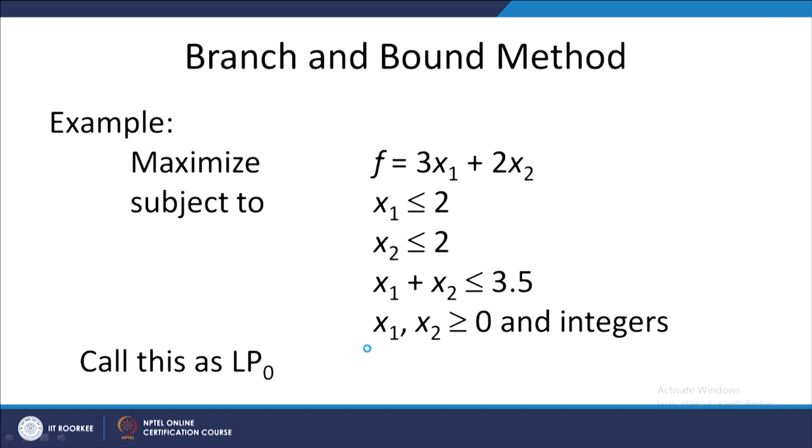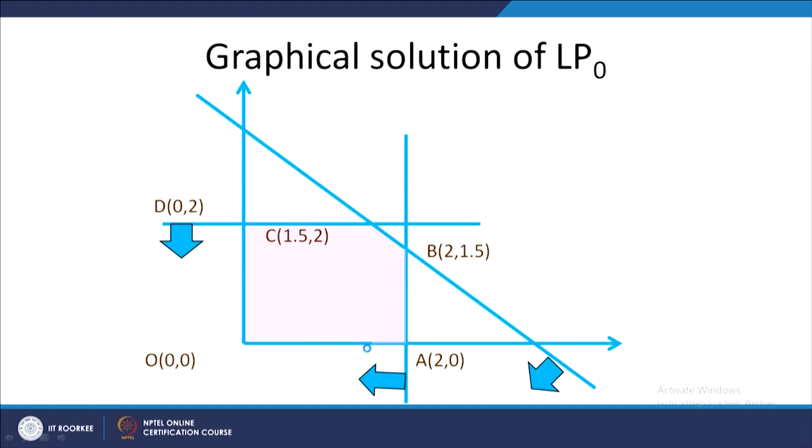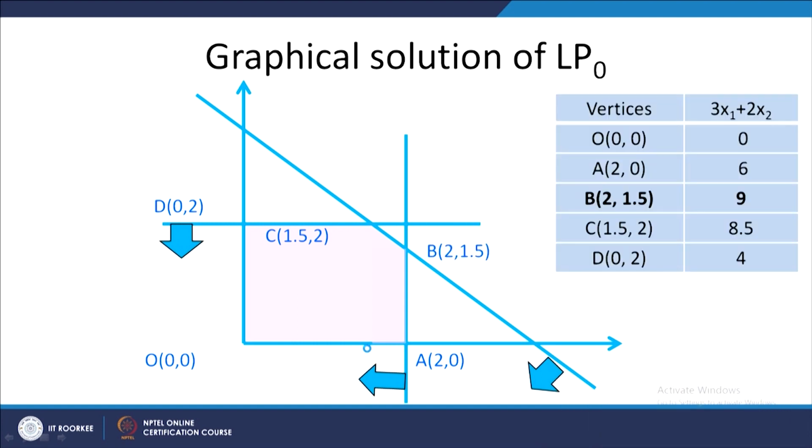Let us call this linear programming problem LP0 and look at what the feasible region looks like. The graphical solution of LP0 is shown here in this figure, and you can see that the feasible region is indicated in the pink region.